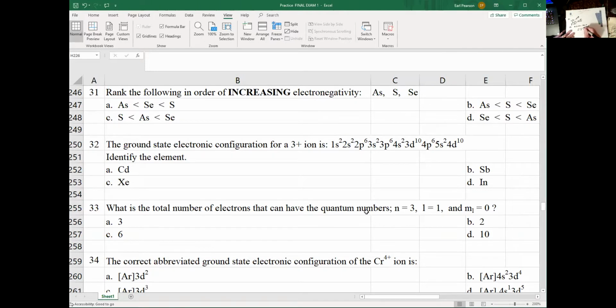And I'm talking about how many electrons can be in that one. Well, one is spin up and one is spin down, so the answer is 2. They could have 3, 1, 0, plus 1/2 and 3, 1, 0, minus 1/2 for their quantum numbers.